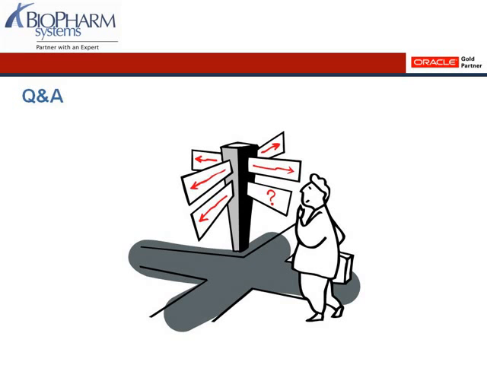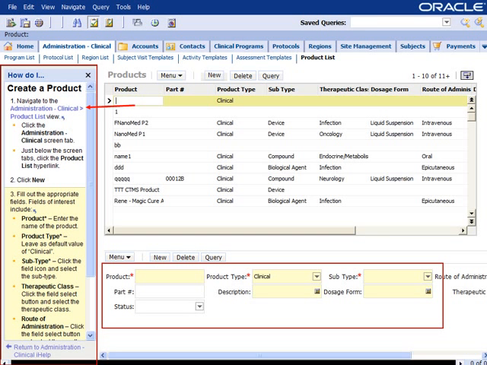So each of those links that were present in the demo, if I go back to this slide here, this would be one iHelp article, creating a product. Each of those links that are visible to the user on the home page or subsequent screens is what we're referring to as iHelp articles.